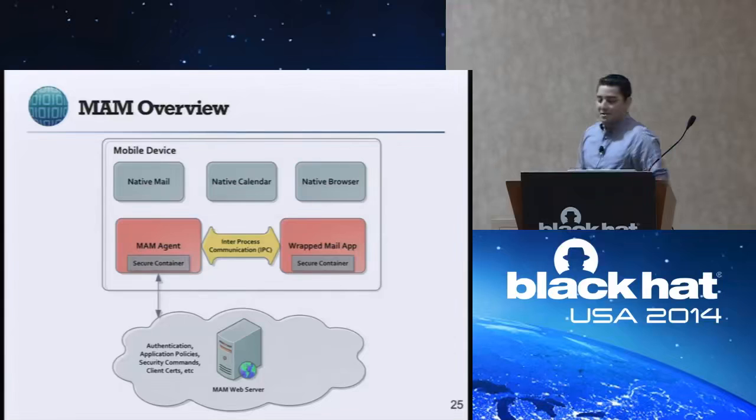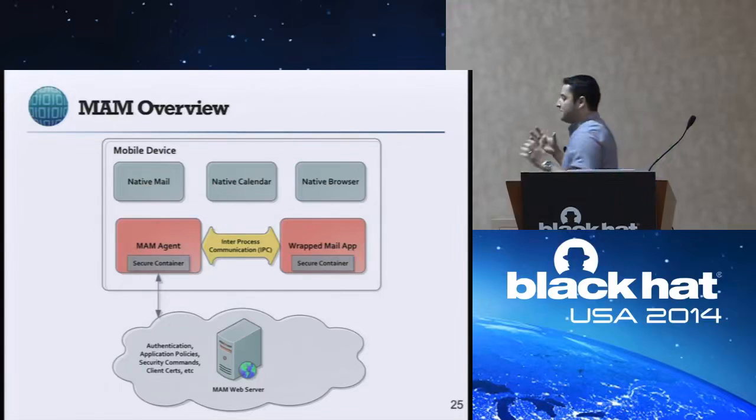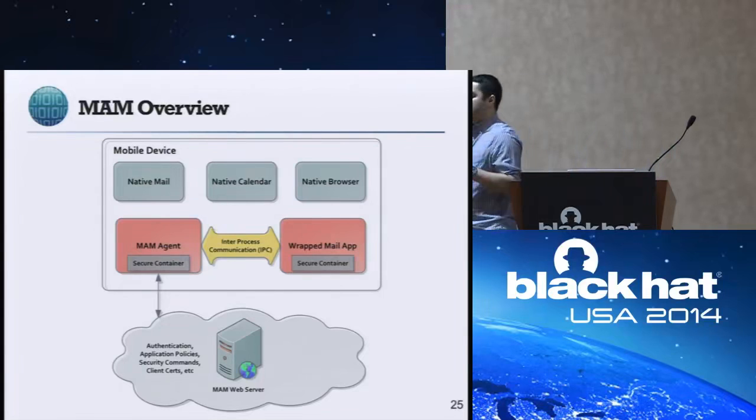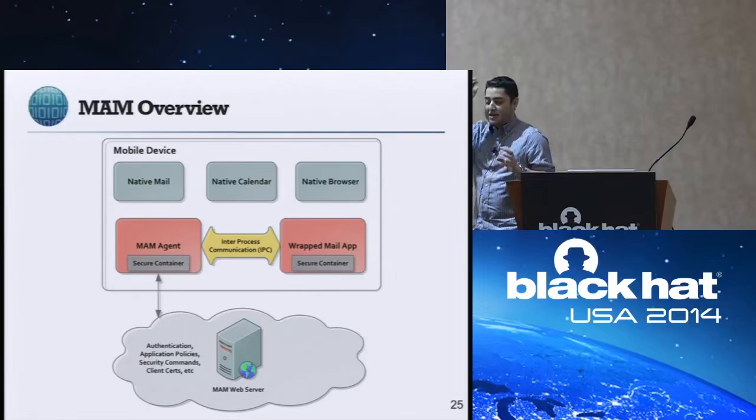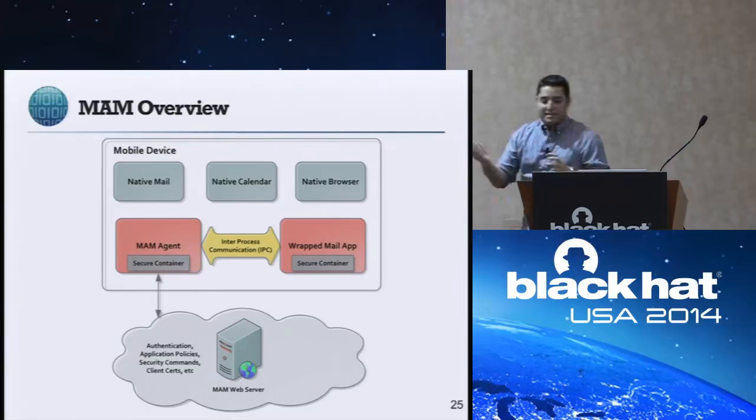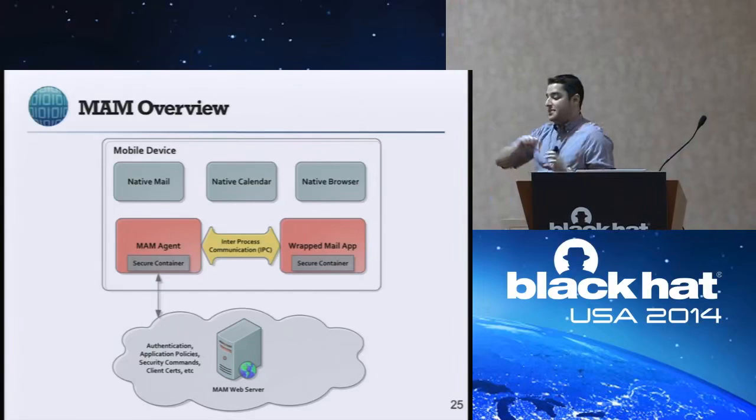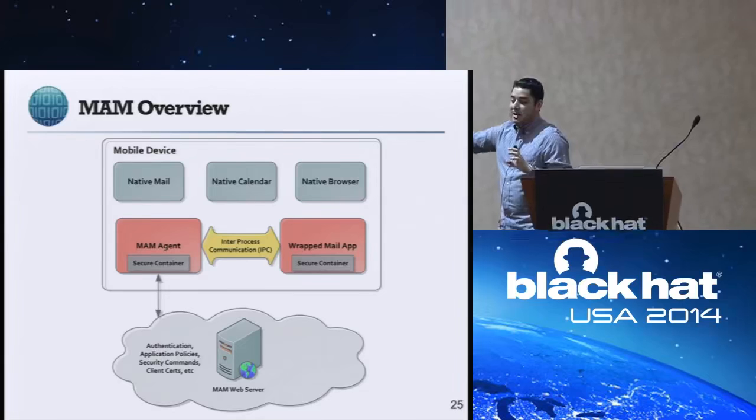So, another high-level overview, just so you get the big picture here. In the MAM world, you're going to have your native apps, your native mail app, your calendar app. That's for your personal use. Great. But then for all the enterprise data or your organization's data, you're going to have the MAM agent, and then you're going to have wrapped managed apps.